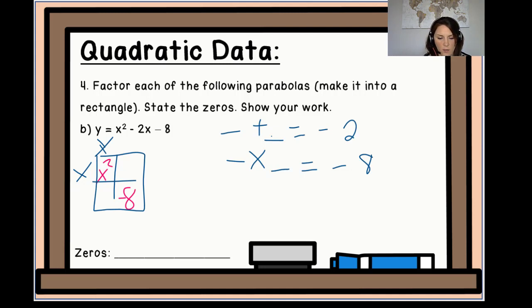So -4 and -2, well, that would give me -4x and -2x. So that's not going to work.